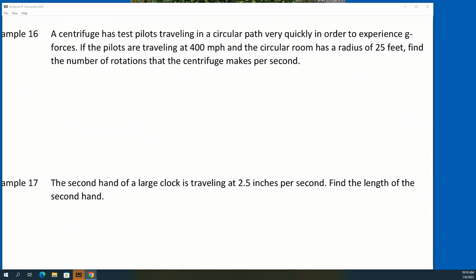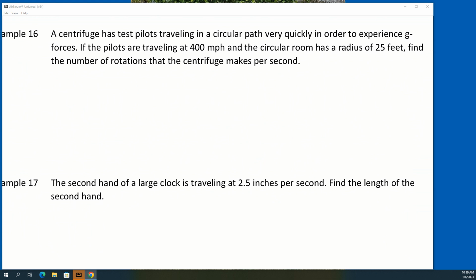Right. This is one of the reasons I'd never be an astronaut or a test pilot. There's lots of reasons, but a centrifuge has test pilots traveling in a circular path very quickly in order to experience G forces. If the pilots are traveling 400 miles per hour in a circular room, and the circular room has a radius of 25 feet, find the number of rotations that the centrifuge makes per second.